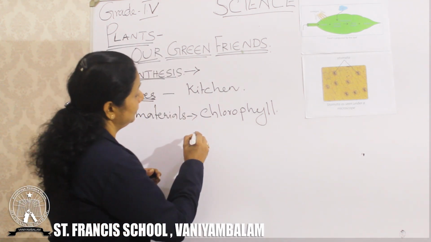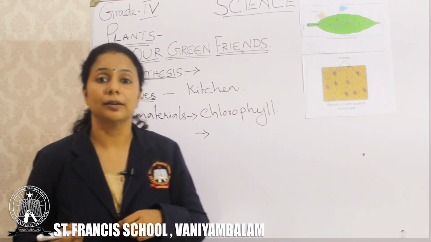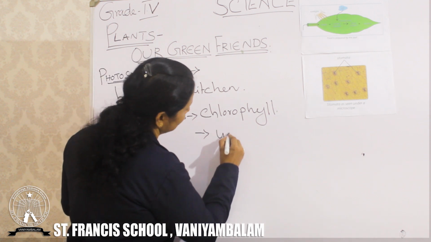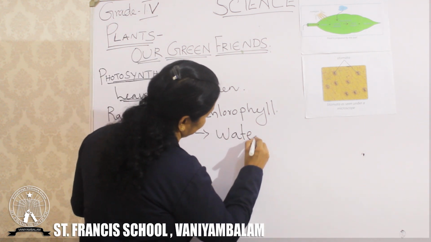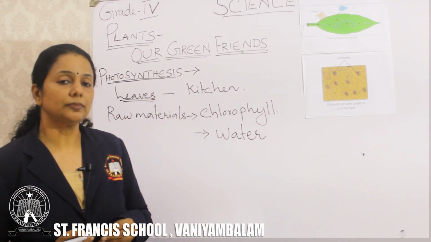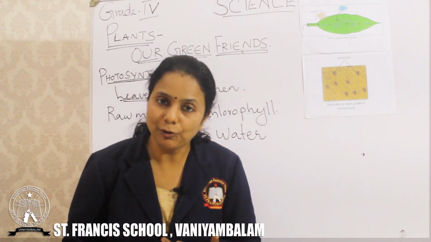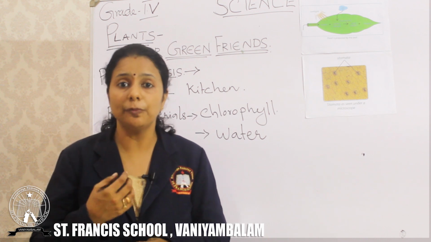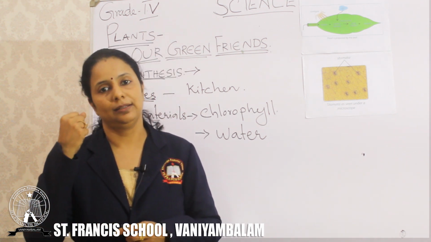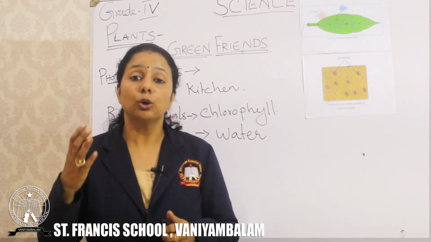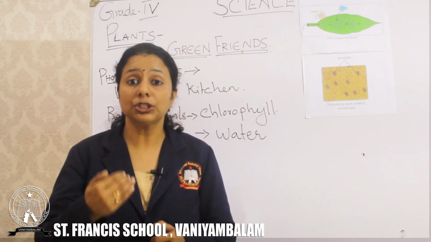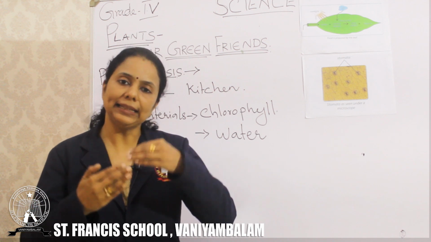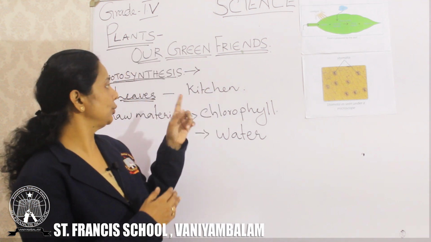Next is water. Okay, next raw material is water. So where do plants get water? The roots of the plant absorb water from the soil. Clear? So the roots of the plants absorb water from the soil and this water is transported to the leaves.